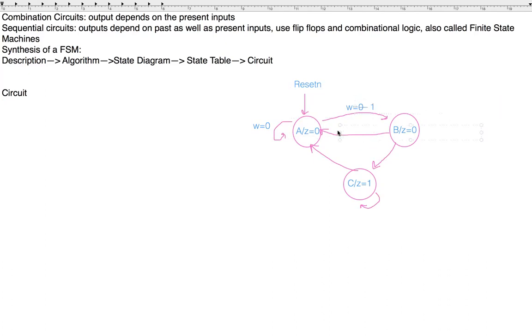Okay, here's our diagram. We have all of it, so let's code the behavioral.